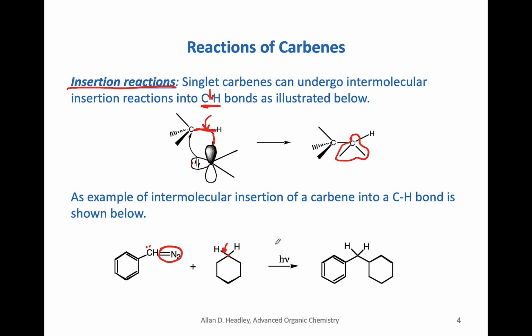Here is that carbon, same carbon. Here's that H. So you can see here the carbene has inserted itself right into the CH bond to form a new product here.